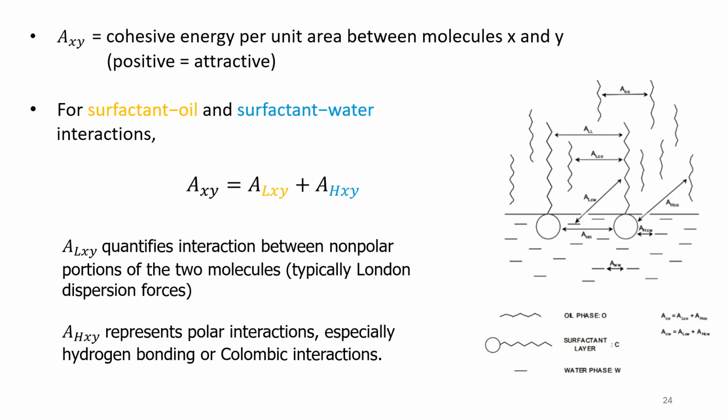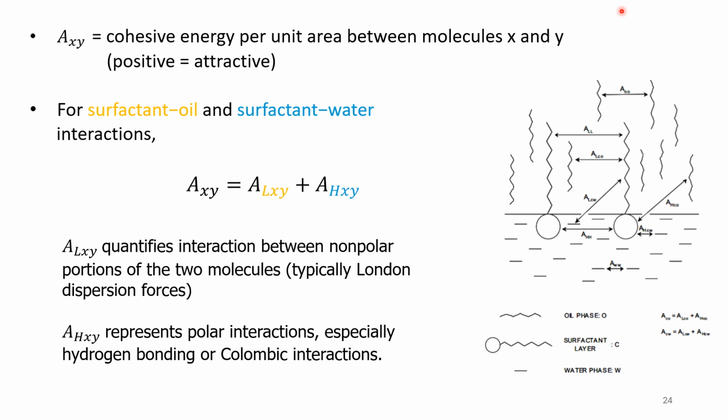The cohesive energy between molecule X and Y is defined as A_XY. So A_XY equals the cohesive energy per unit area between molecule X and Y. If this value is positive, it indicates that the interactions between the molecules are effective interactions.